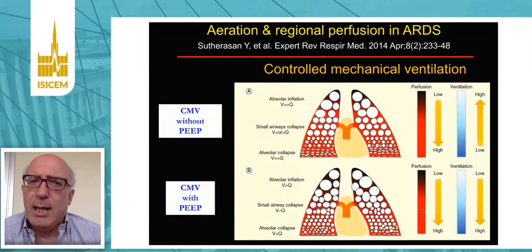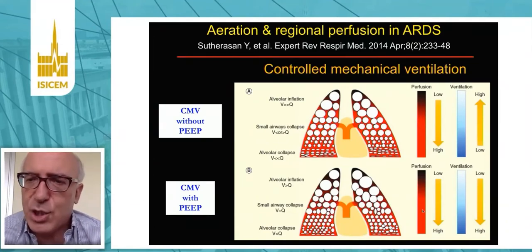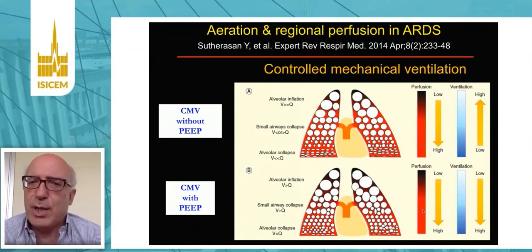So overall, how are aeration and regional perfusion in ARDS? We found PEEP in controlled mechanical ventilation. As you can see here, there is more perfusion in the more dependent lung region, while there is more ventilation in the non-dependent lung region, leading to a higher VQ and also to increased shunt due to the higher perfusion in non-aerated lung.